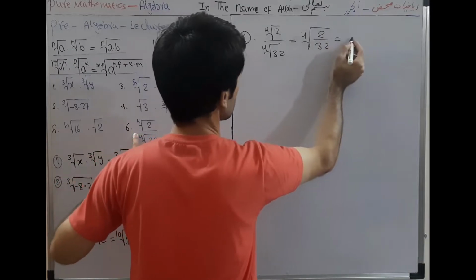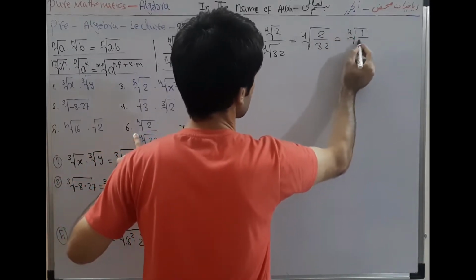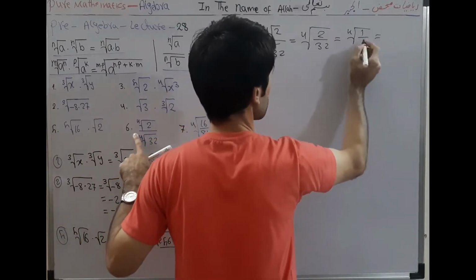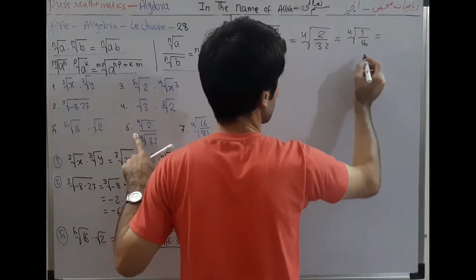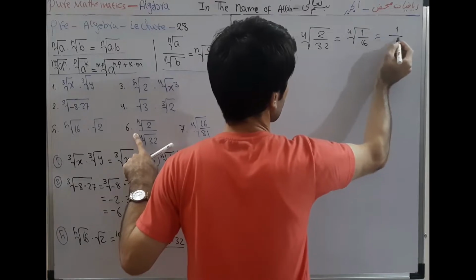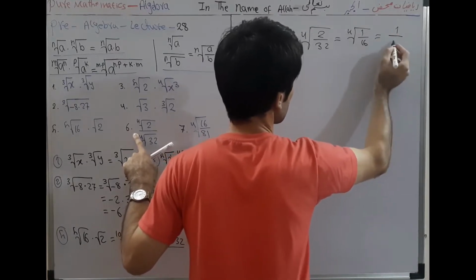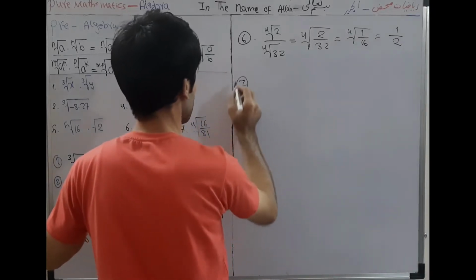It is equal to the fourth root of 1 over 16. When we cancel 2 by 32, we get 1 over 16. The fourth root of 1 is 1. The fourth root of 16 is 2. So 1 over 2.